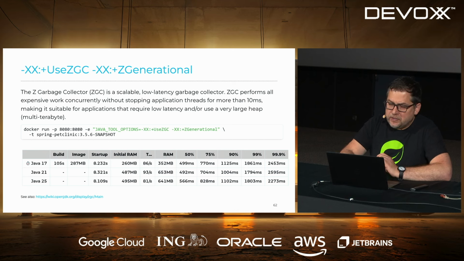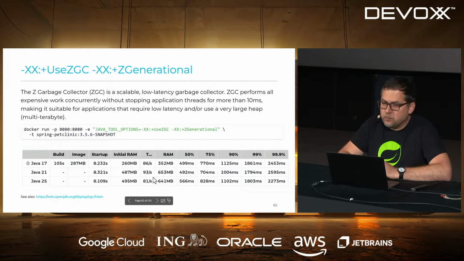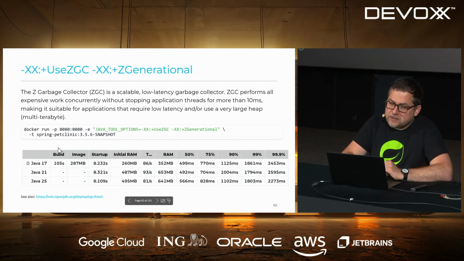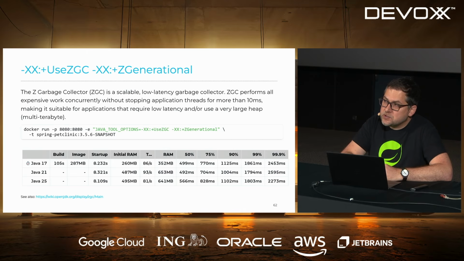But what we also see in Java 25 is that we are back to the 80 here. With 21, we also have more throughput. Yes, that could help. So you can play with those things just by adding a parameter to your Java tool options, because your buildpack is so flexible to change things.